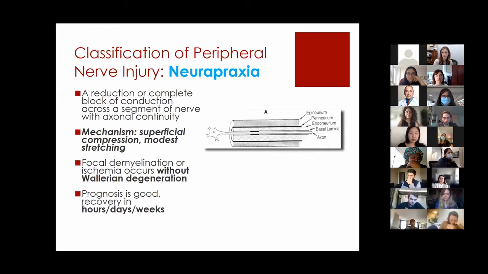But if it was a superficial pressure injury, they may get significant improvement or resolution of symptoms within a day or two. So this is essentially the same idea. Prognosis is good, and you can see here that the nerve structures are essentially intact.